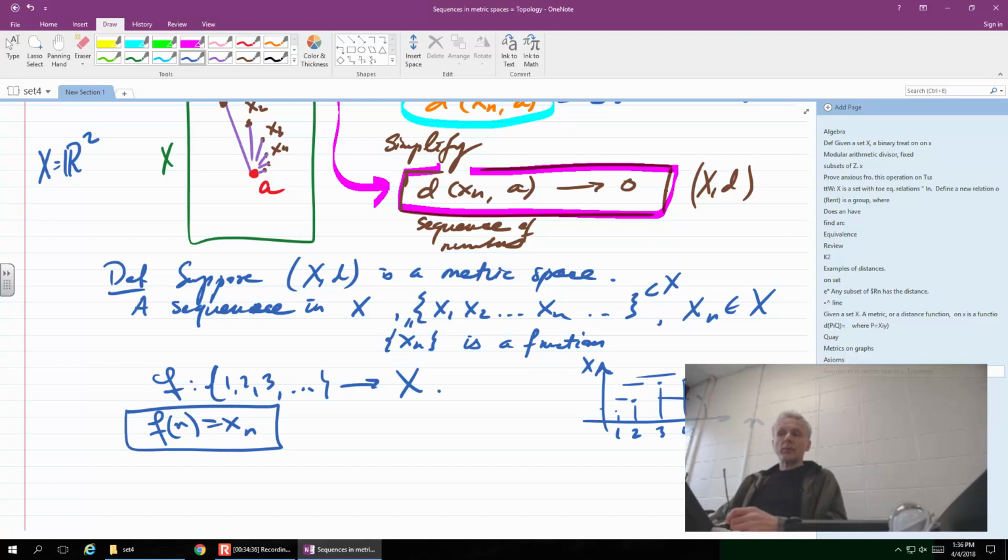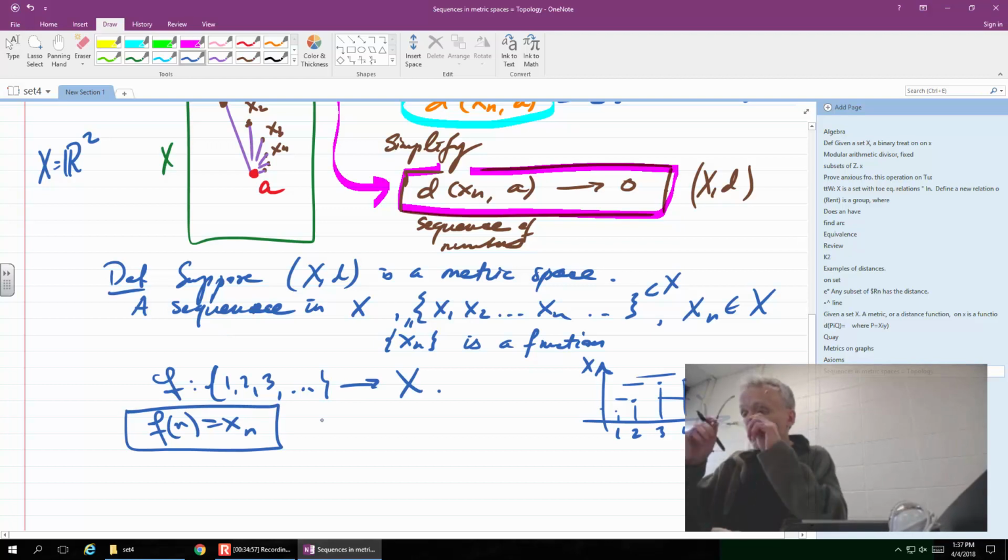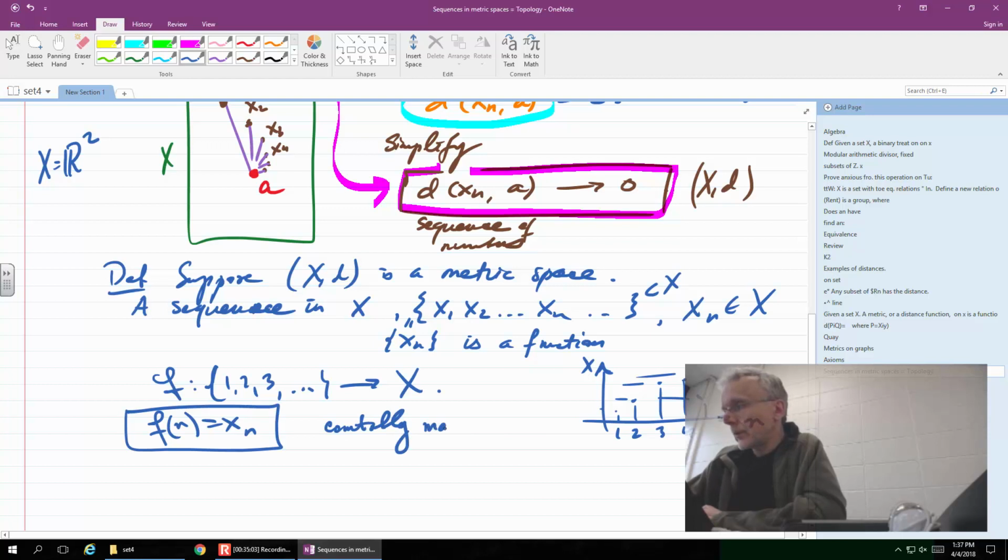It just happens to be simpler than the functions that you study in calculus early on, because those are defined on, say, intervals, and they have a whole continuum of input values, and this one has only countably many inputs. Okay, so that's the typical situation.